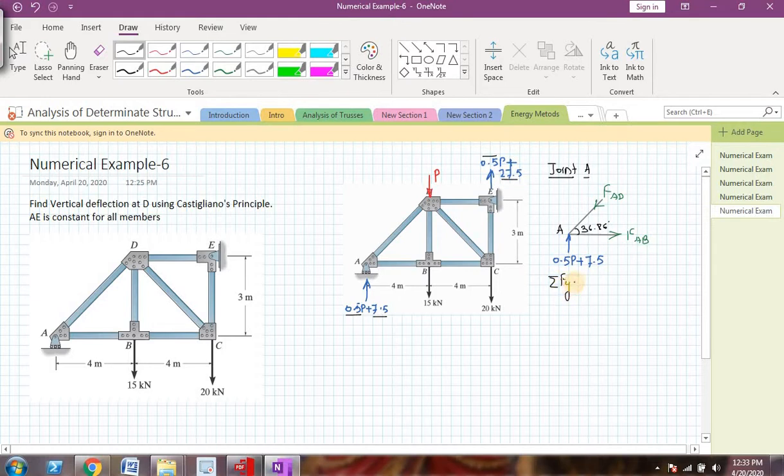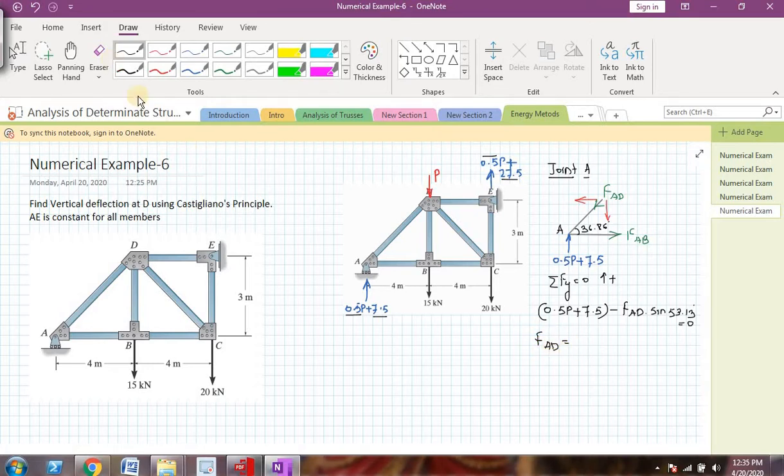I'm applying the first equilibrium equation, summation of Fy equal to 0, taking all the forces in the upward direction as positive. So in that case, 0.5P plus 7.5, this is 1, and AD, since it is inclined, it will have the components like this. So I'm getting minus FAD into sine of 53.13 equal to 0. Now when I solve this, I'm getting FAD as, okay, I made a mistake here.